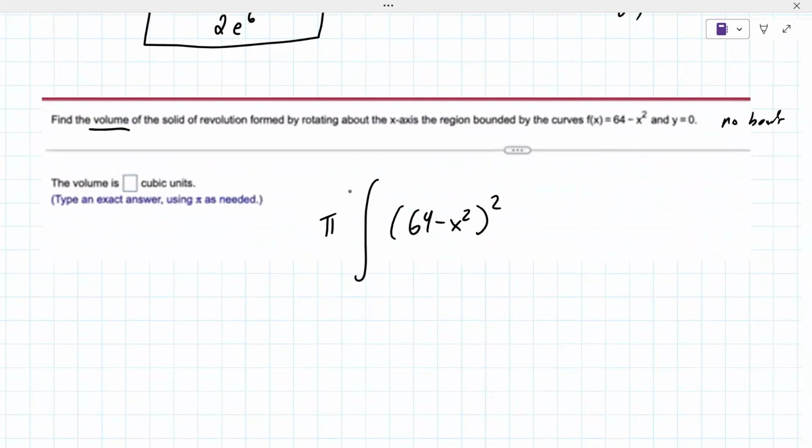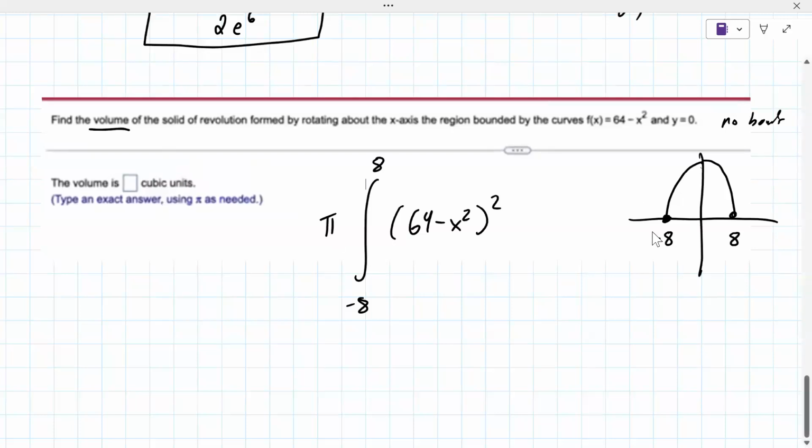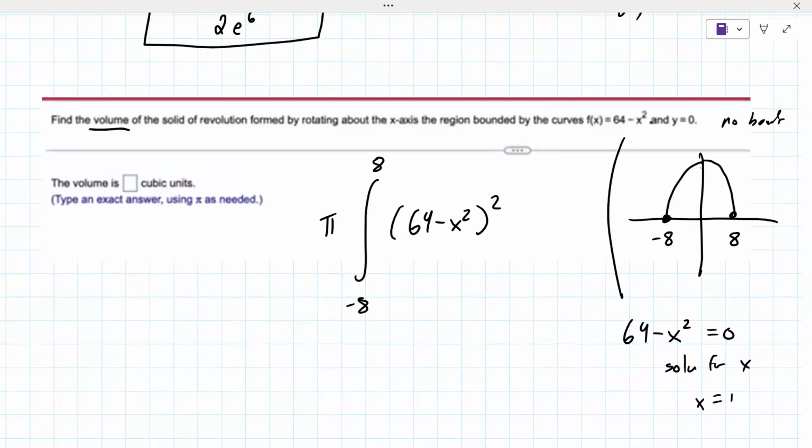This one you have to graph, and when you graph, you'll recognize that it hits at -8 and 8. In all the other problems we didn't graph them, but they were where it hits the x-axis. The other way to do it is to set 64 minus x squared equal to 0 and solve for x, and you'll get ±8.